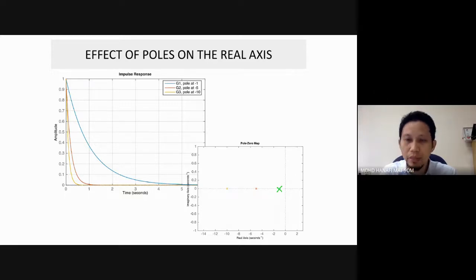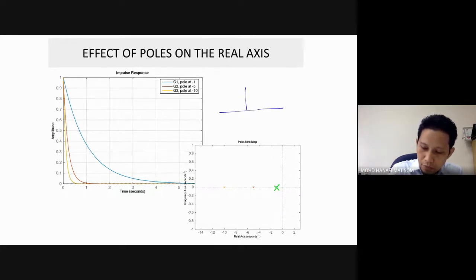So with a pole at -1, when you plot an impulse, let's say this is t and this is the amplitude.